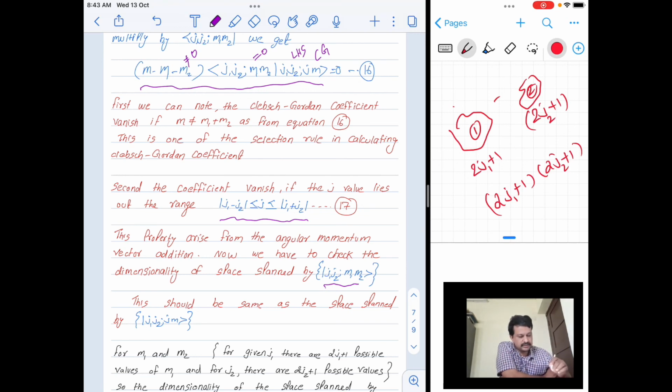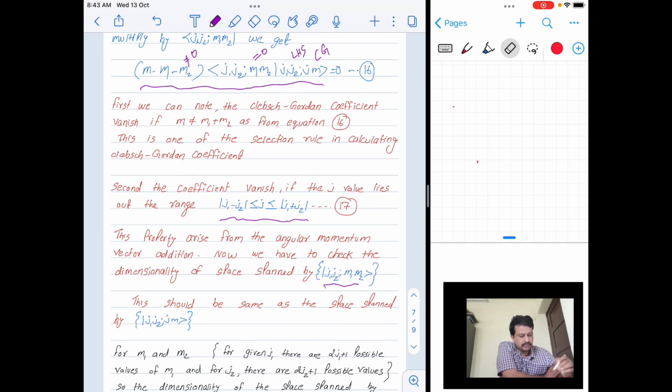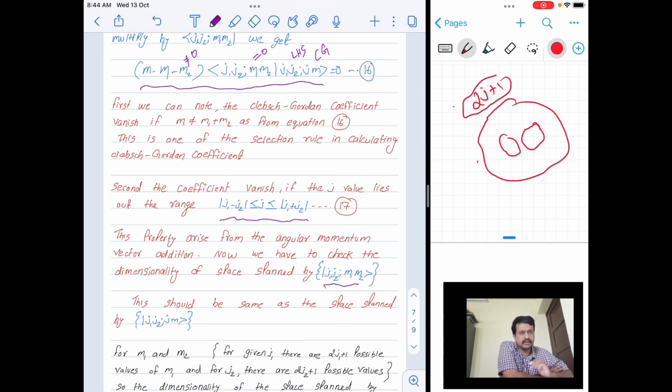Now if I take this as the entire system, the system 1 and 2, I already know that the total angular momentum is J, so the dimensionality should be 2J plus 1. That is an important thing. One important thing is, if I have J1 and J2, the total angular momentum J value lies between J1 minus J2 and J1 plus J2.